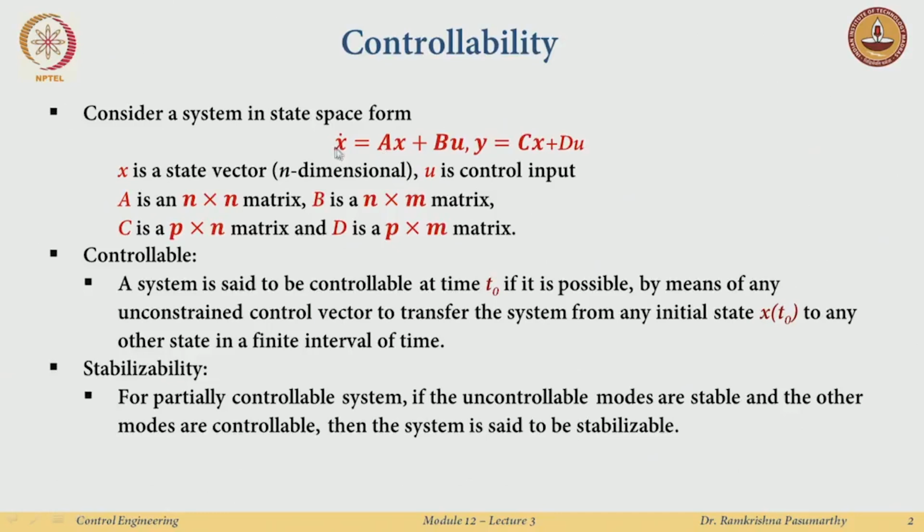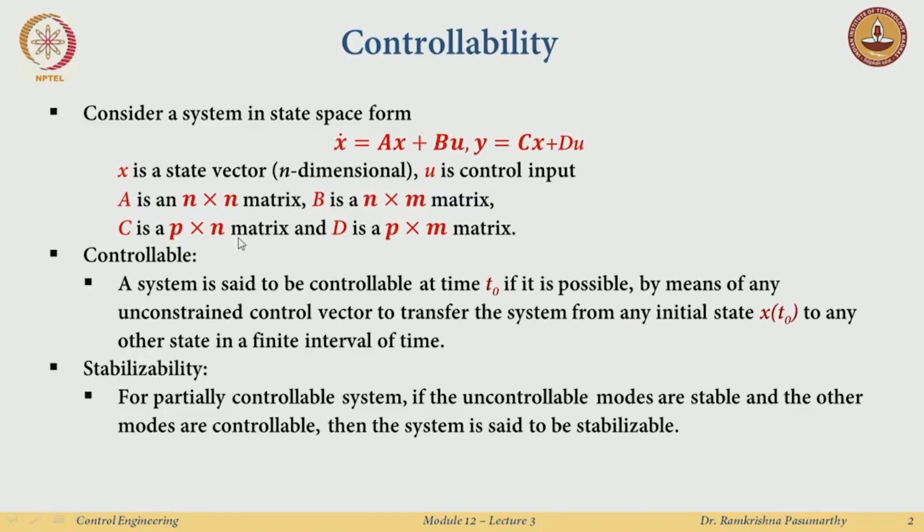So we start with a general state space system. x dot is Ax plus Bu and y is Cx plus Du, where as usual x is an n dimensional state vector, A is the system matrix which is of dimension n cross n, u is a control input, could be an m dimensional input, it could also just be a one dimensional input or just a scalar input.